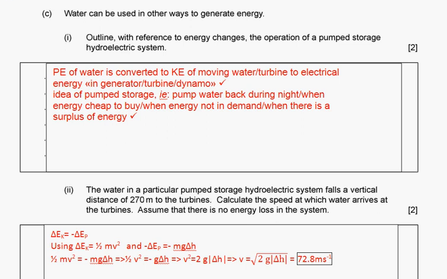The potential energy of water is converted to kinetic energy of moving water in turbines. Electricity is generated in the generator. We pump water back during the night when energy is cheap and not in demand. There is a surplus of energy.